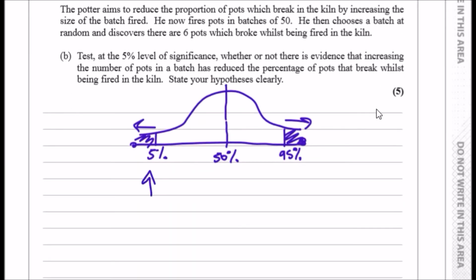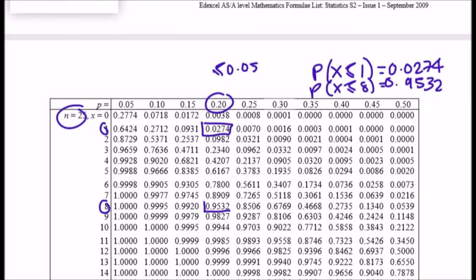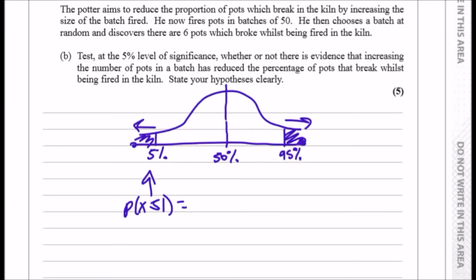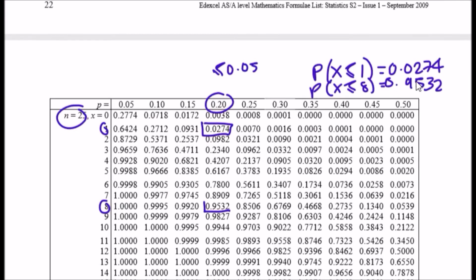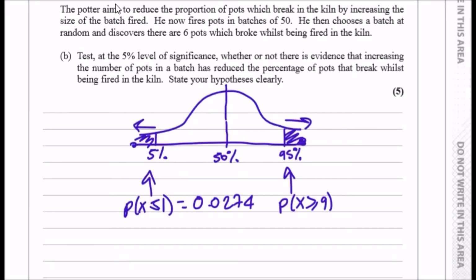So up to here, this is the probability x is less than or equal to 1, with exact probability of 0.0274. At this point, this is the probability x greater than or equal to 9. The left hand side is less than or equal to 8, and that is 1 minus this term, so 1 minus 0.9532, and that's it.